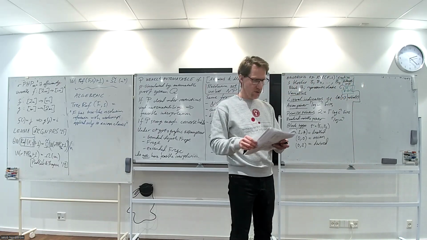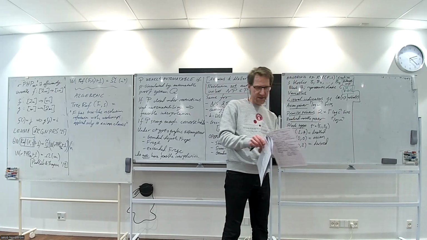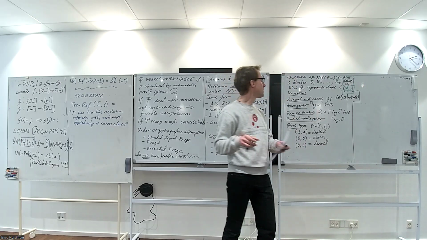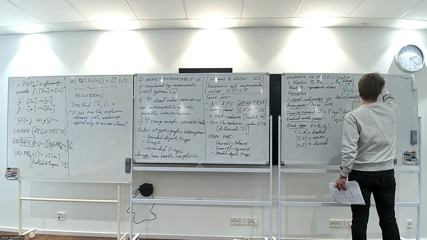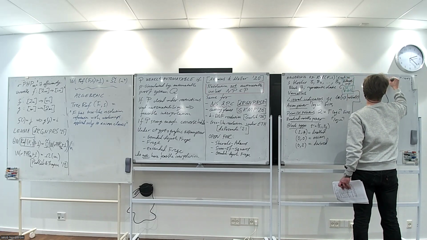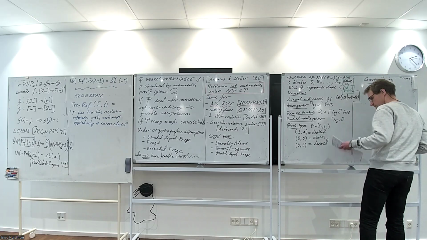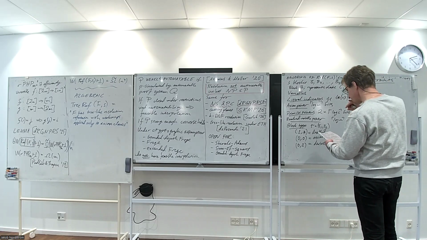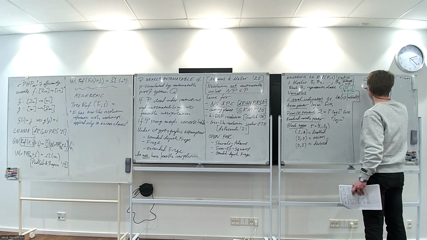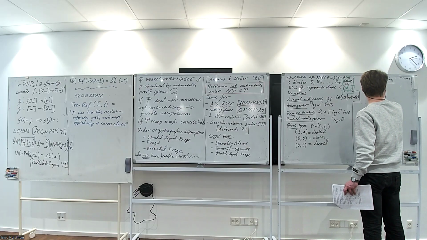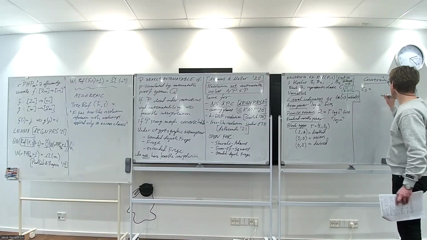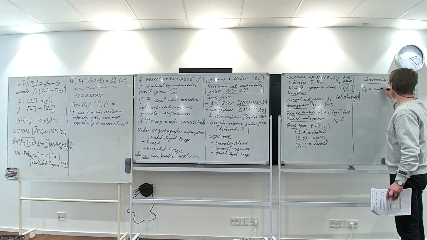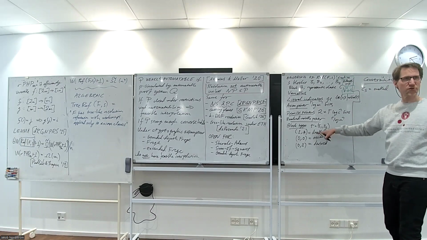Okay? So let's see what the constraints are, and then we can have a well-deserved break. So what will the constraints be? Firstly, C_S, the final clause, has to be enabled. So it's not disabled.